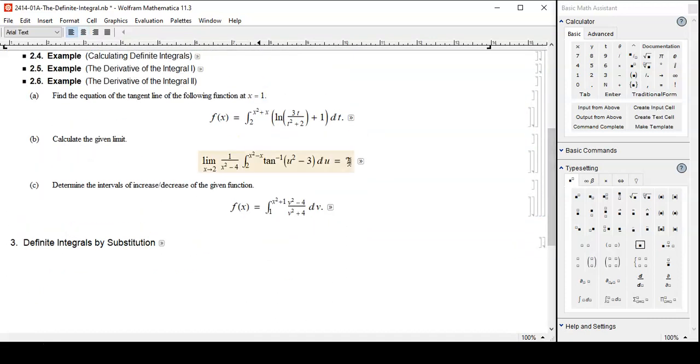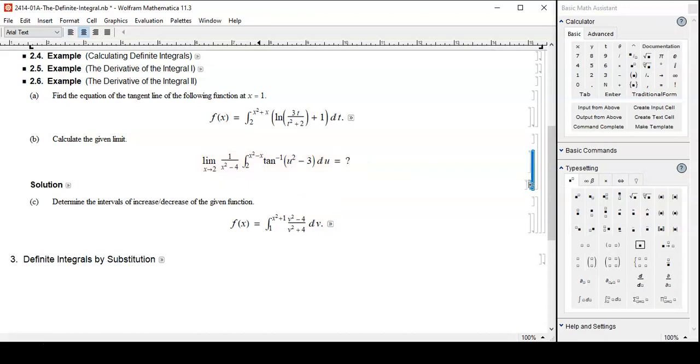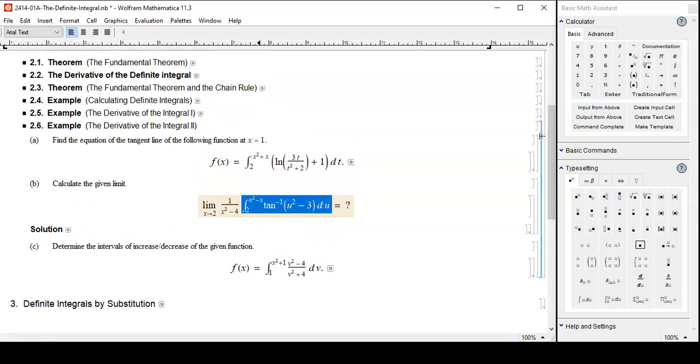How about this? Believe it or not, this is a L'Hopital's rule problem. It's a 0 over 0 type limit. If you plug in x equals to 2, the denominator is 0, 4 minus 4. And the numerator here, integral 2 to 2. If you plug in x equals to 2 there, you'll see. So it's 0 over 0 type limit, so you can use L'Hopital's rule. Take the derivative of denominator, that's easy. Take the derivative of numerator, and that's what we were just discussing.